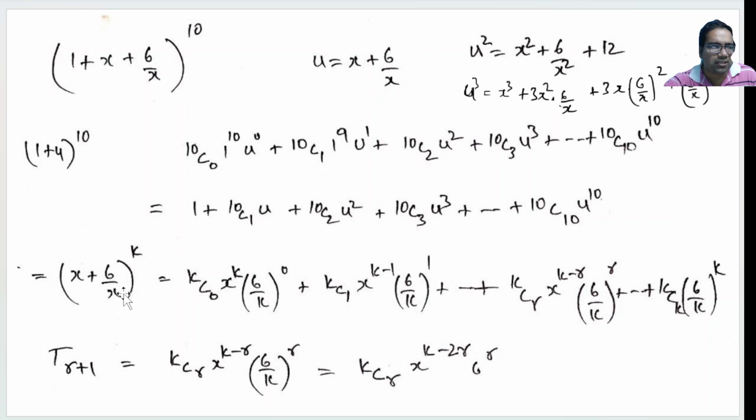Now, in this expansion, what is the T(r+1) term?